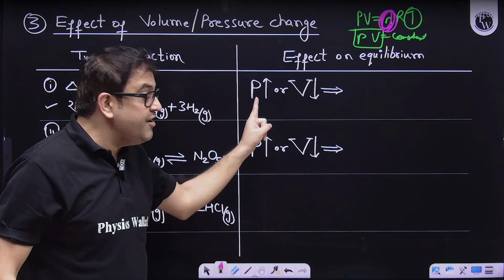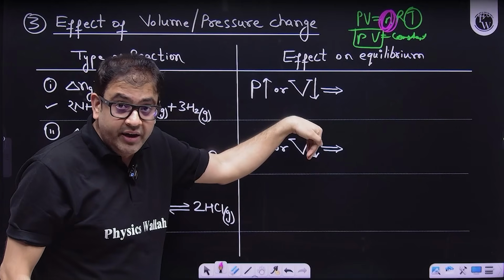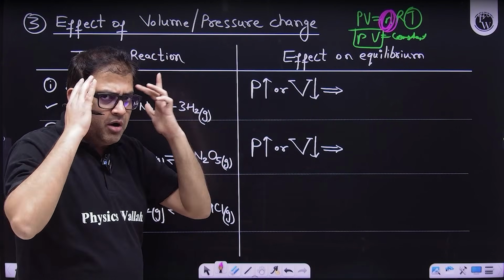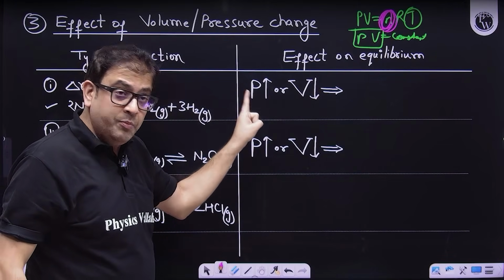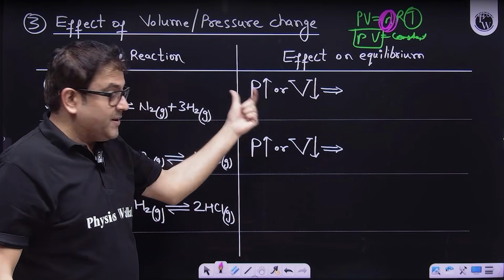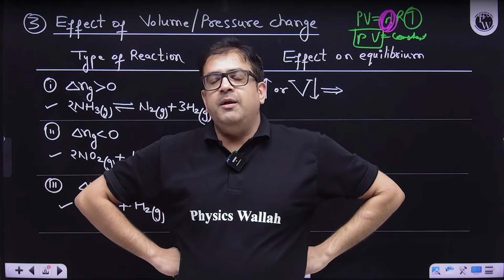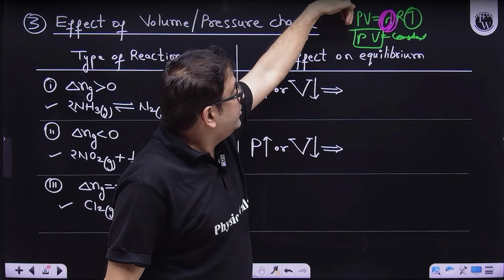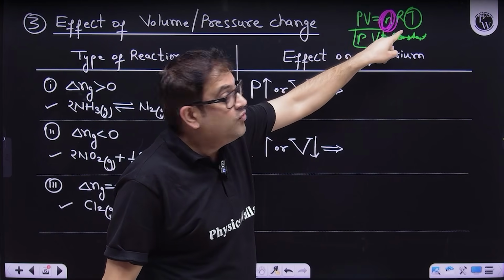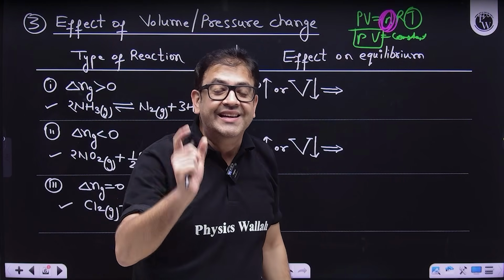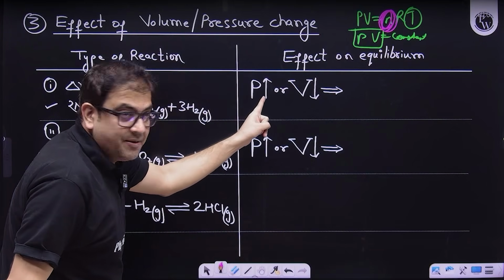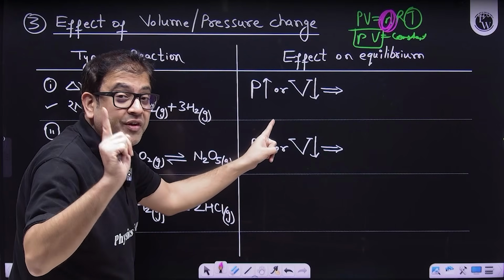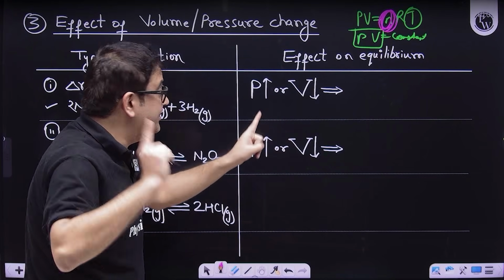Again, if you decrease volume, pressure will increase. We came to pressure. If pressure is increased, I'll try to decrease it. So in order to decrease pressure, I have to move in that direction where the number of moles decreases.